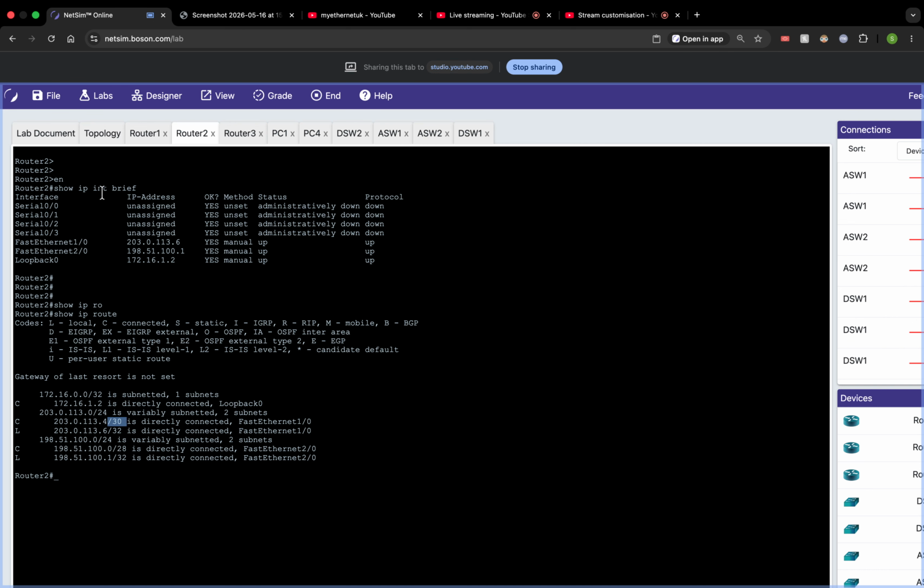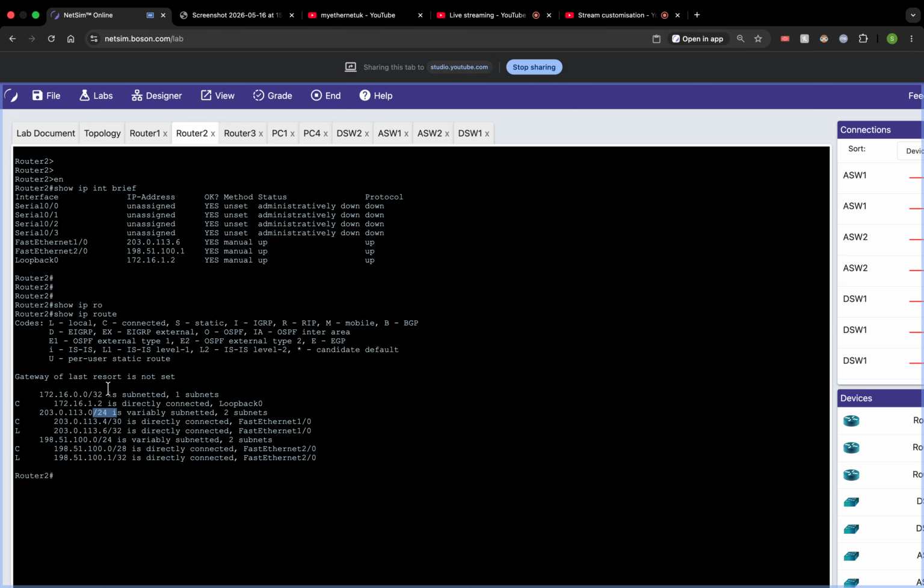So router 2 lies between DSW1 and router 1, by itself. Router 2 has no path to the 203.0.113.0/30 network, nor does it have a path back to the 192.168.100.0/28 network. Therefore, router 2 does not know where to route packets to unknown networks.